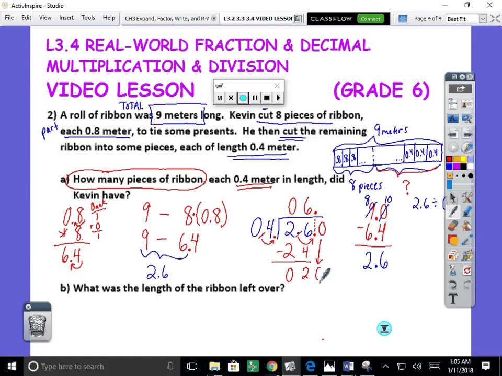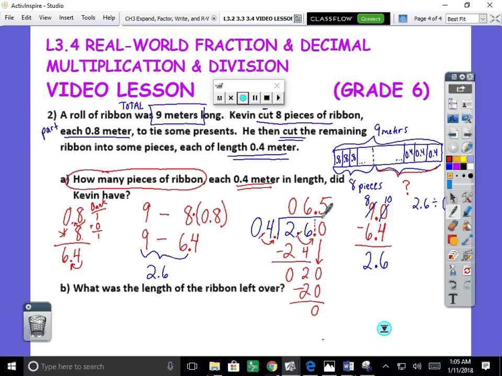I bring the 0 down, and I'm ready to treat this like 20. 20 is now divided by 4, and it goes in there 5 times. 5 times 4 is 20. I go ahead and subtract, and it looks like it terminates, meaning I end with a 0. It looks like this might be done. So notice this 5 had to go in the column I was working with this 0 that we brought down, and this place value is all aligned, meaning I might get a decimal answer.